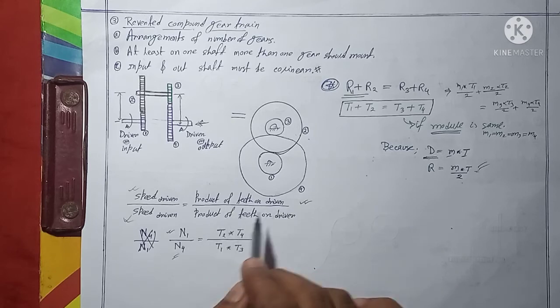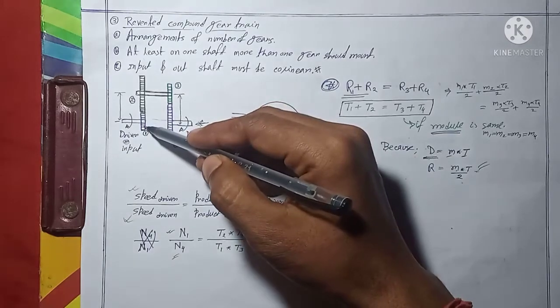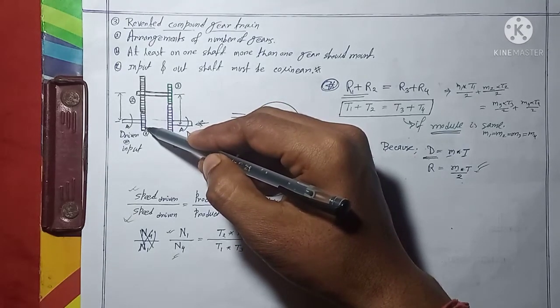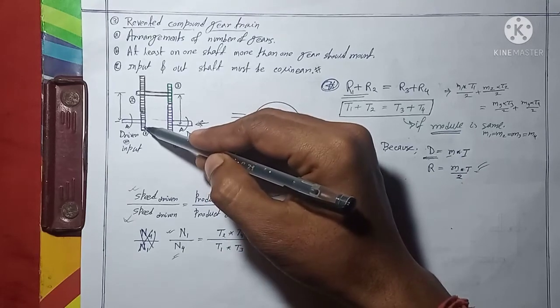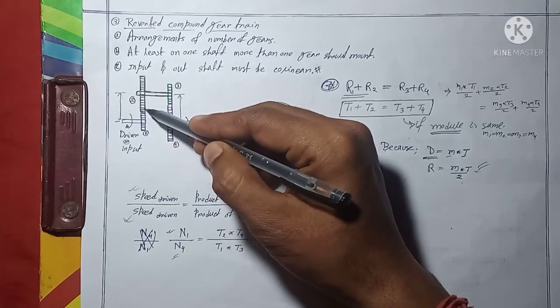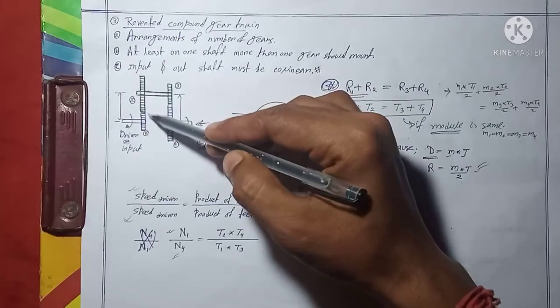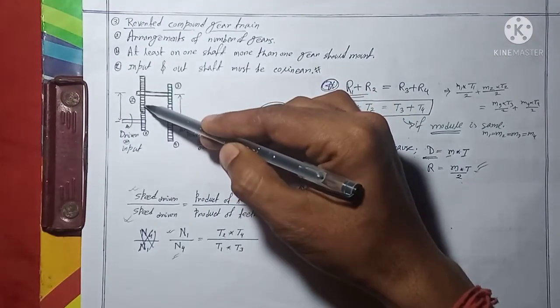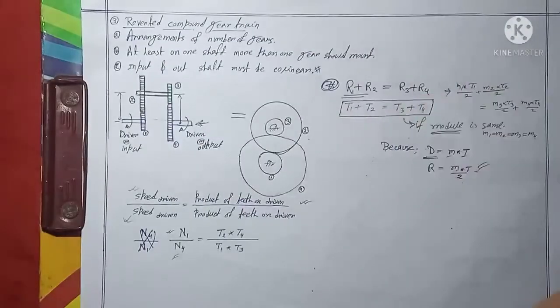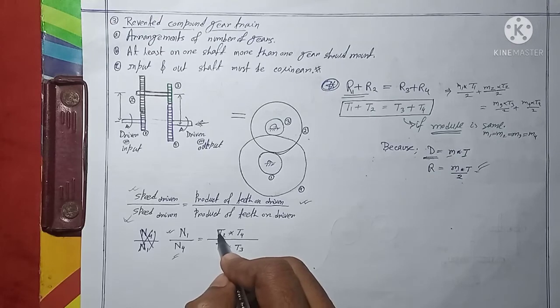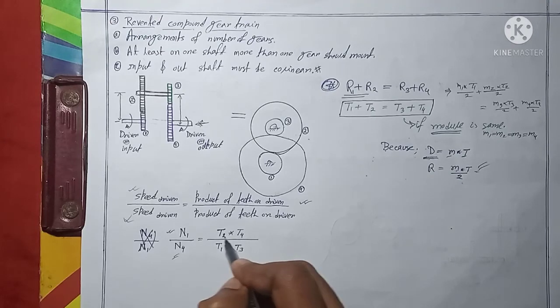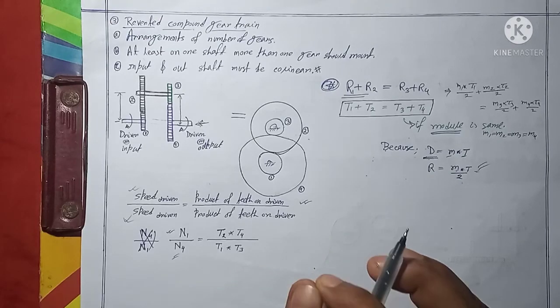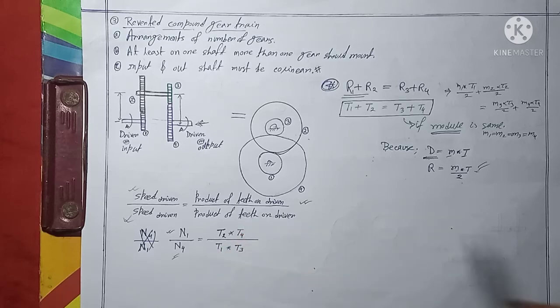Here this gear rotates first, so this one is the driver gear. Due to gear 1, gear 2 rotates, so gear 1 is the driver and gear 2 is the driven. That's why I wrote here T2, which represents the number of teeth present in gear 2.